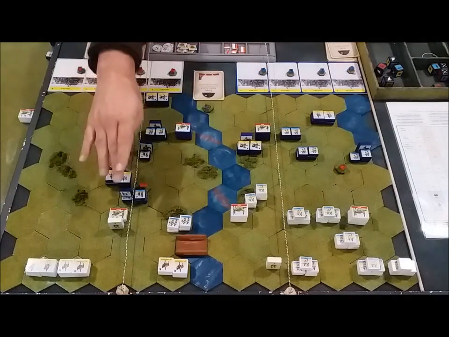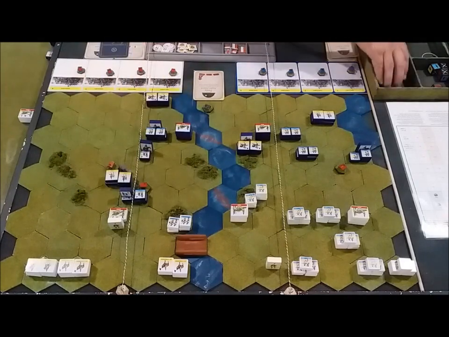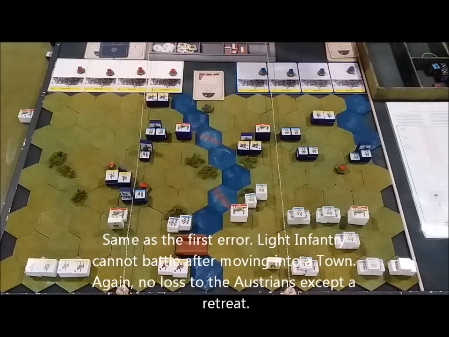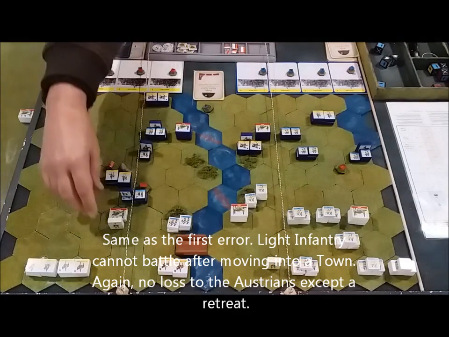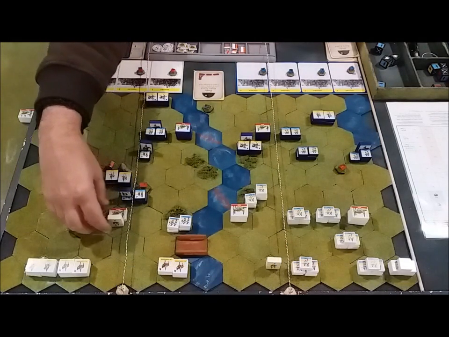Okay, so light infantry now can bring those under melee. We don't have any strike first strike, whatever. So 4 dice for the light infantry against the horse artillery, and they get 2 retreats, so they have to retreat at least 1.